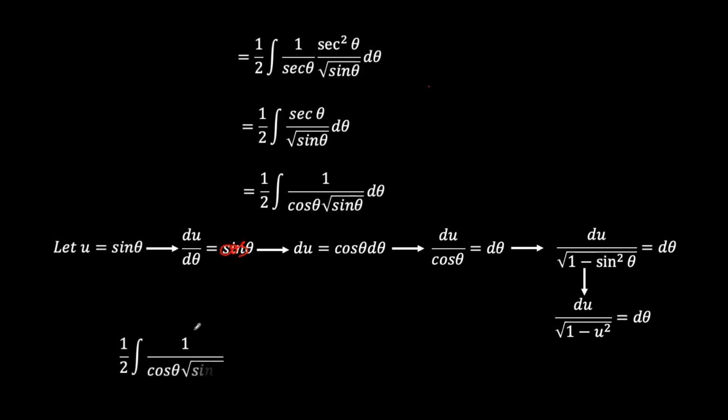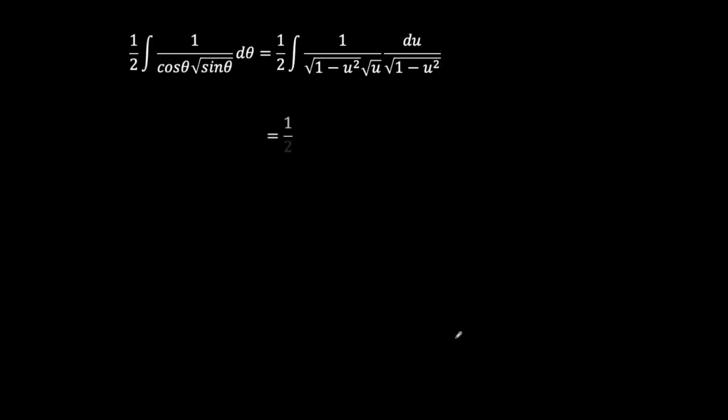So this integral here becomes 1 over 2 integral of 1 over square root of 1 minus sine squared theta in place of cosine theta, and then we have sine theta here, and we forgot to include d theta here. So in place of cosine theta, we have square root of 1 minus sine squared theta, which is square root of 1 minus u squared.